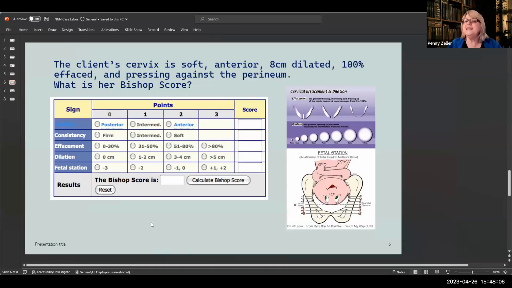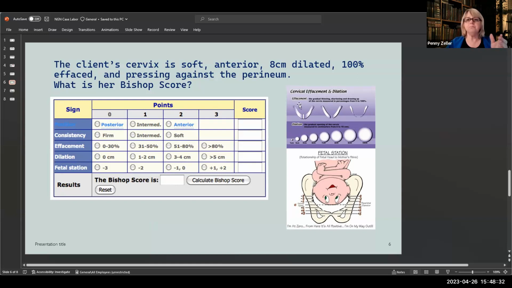One thing we do when we induce labor, when we start labor with medications, is that we have to assess whether the cervix is soft, whether it's beginning to dilate and thin out, and what position it is. So we use what's called a Bishop tool. Here I have a picture on the right with this baby.